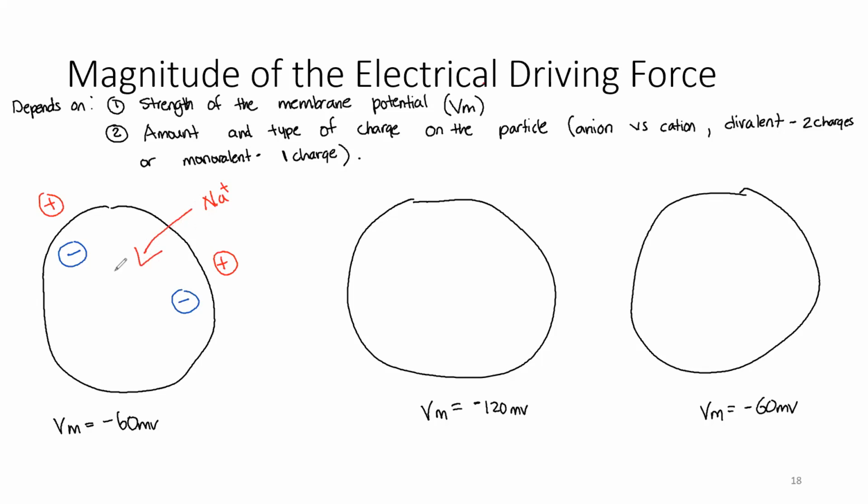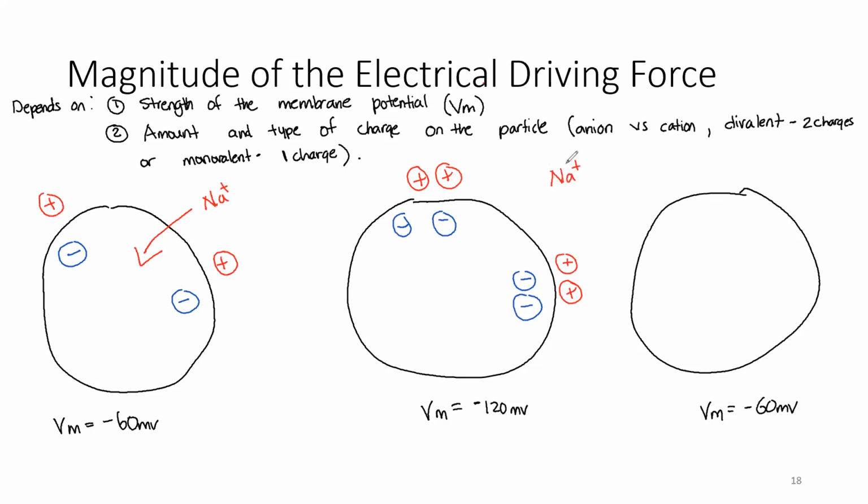Let's take a scenario on the second cell where the membrane potential is essentially doubled. It's much stronger than the first cell. We've also got positive charge outside the cell, but this time it's more positive charge because we have a stronger membrane potential. So we've got double the positive charge outside and double the negative charge inside the cell. Now we're looking at the magnitude of the force on sodium once again.